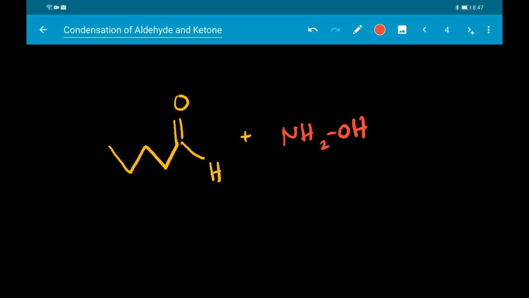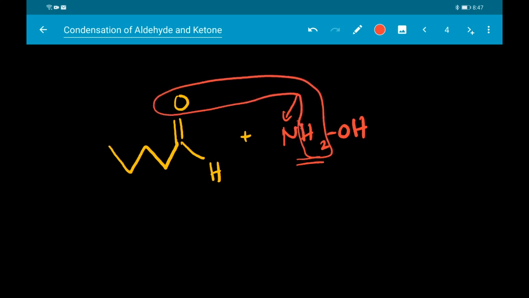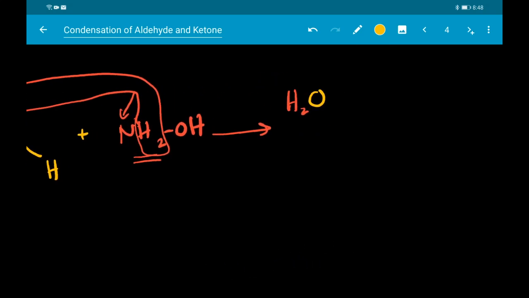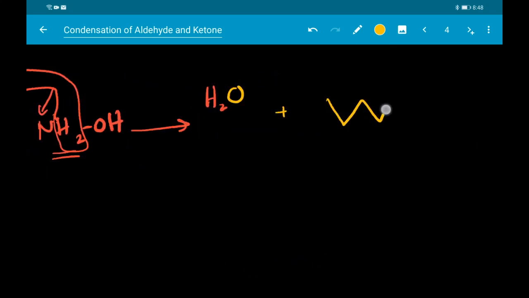Again, take note that this reaction will occur at the nitrogen atom, which has two hydrogen attached to it, because later on the H2 will combine with the oxygen to form water molecules, plus the product of the condensation, which is N attached to the OH. Again, we're going to take the two hydrogen from the nitrogen and replace the position of the oxygen from the carbonyl group.